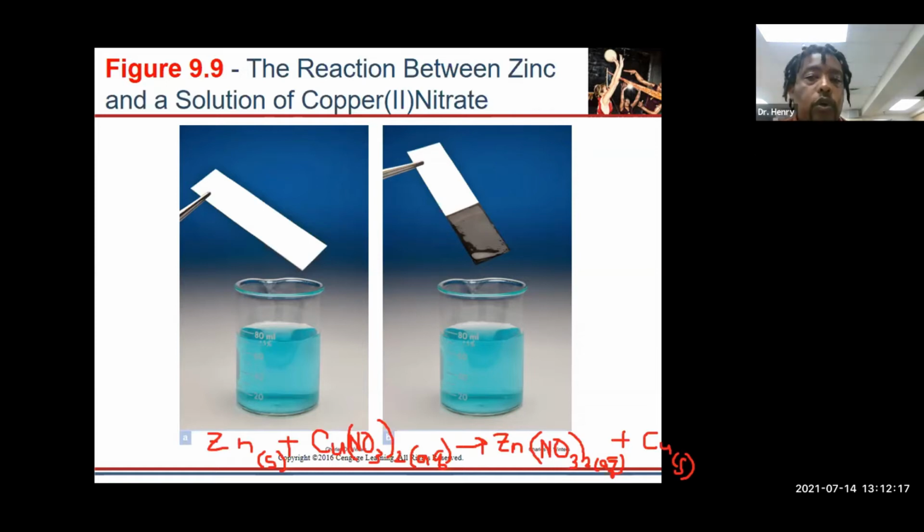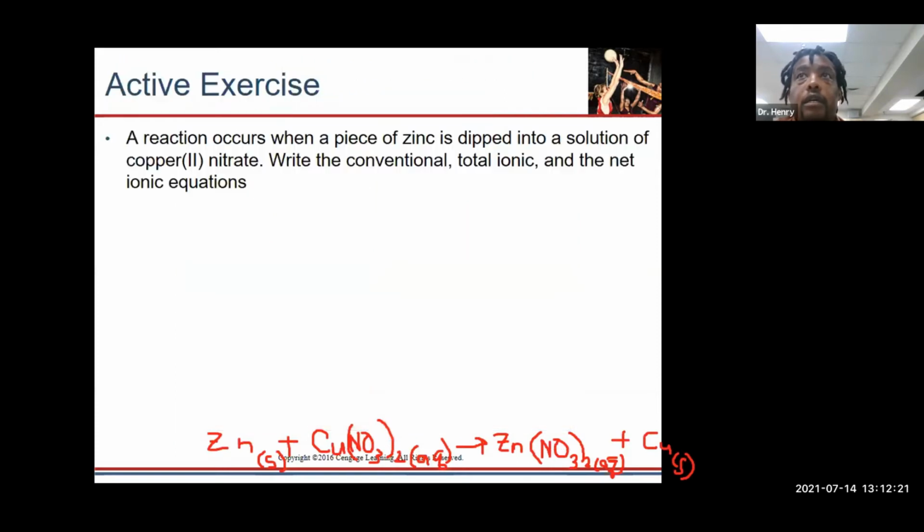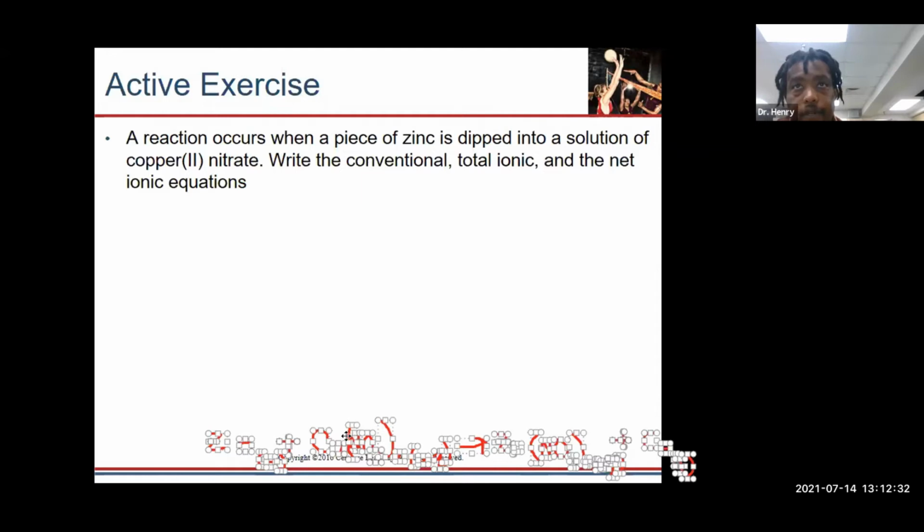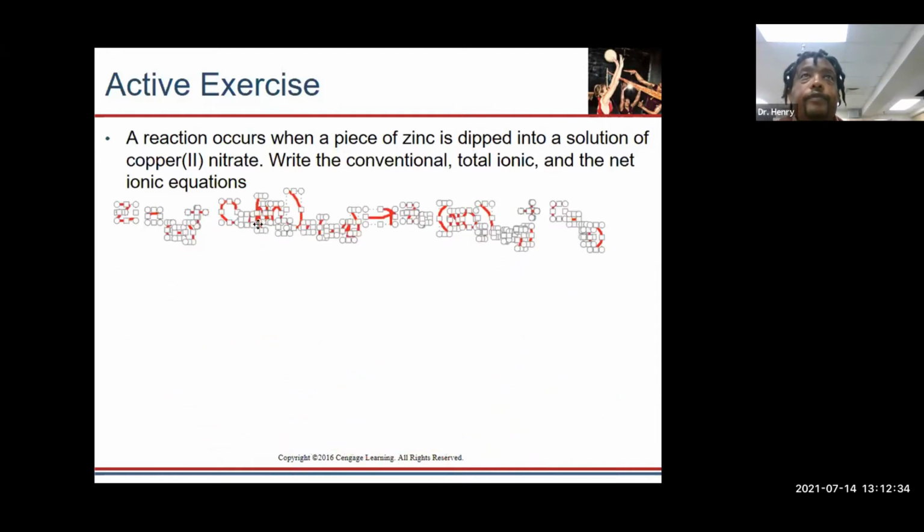So if we wanted our total ionic equation, what would that look like? Zn, and you leave that alone because it's a solid.